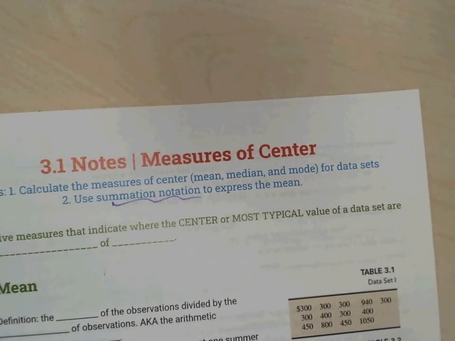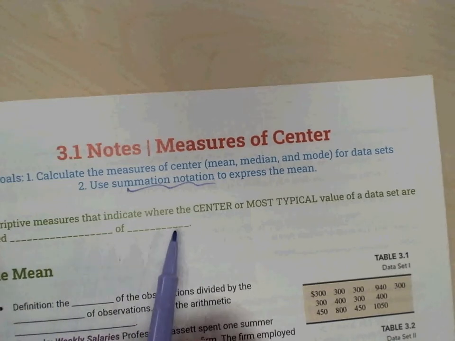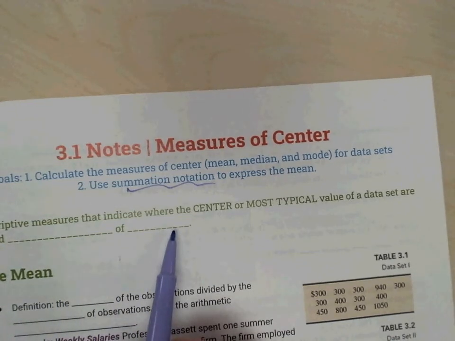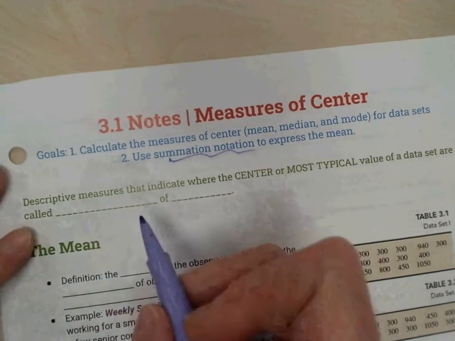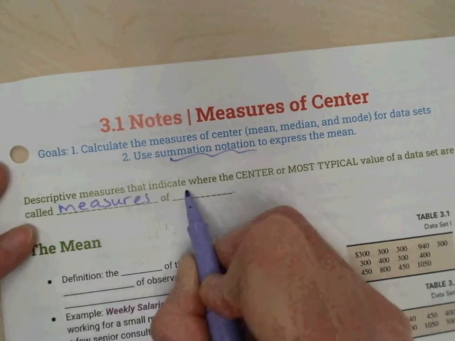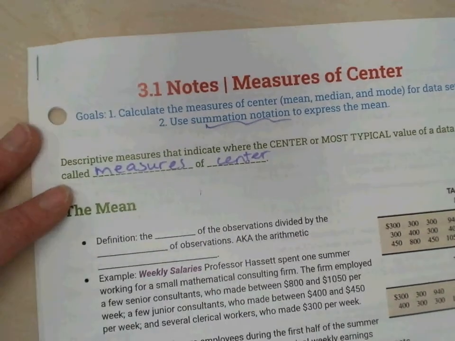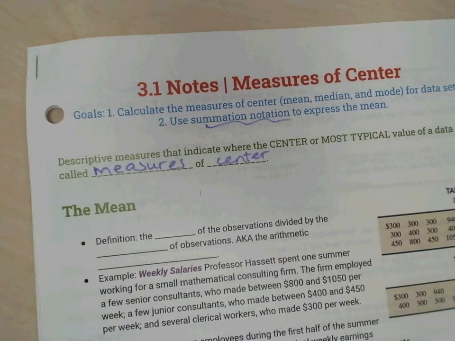Starting off with a definition here: descriptive measures that indicate where the center or most typical value of a data set are called measures of center. The definition for mean, we're going to review here, and then we'll share some new notation for it.